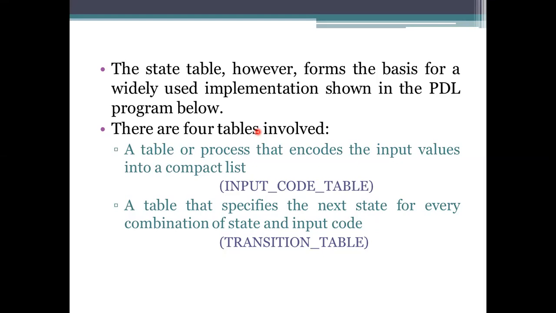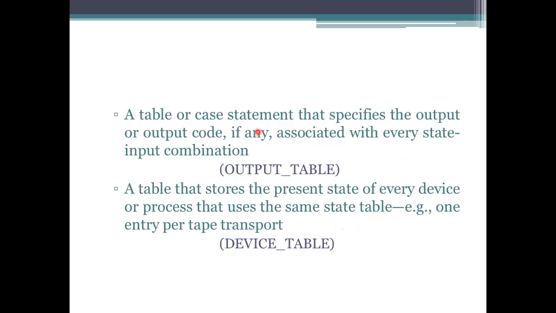How many transitions you have will be included in this table. It will also specify all the edges, all the states, and all the transitions we are using for the program we represented. And also we have the output table. Output table means for which input we get which output.